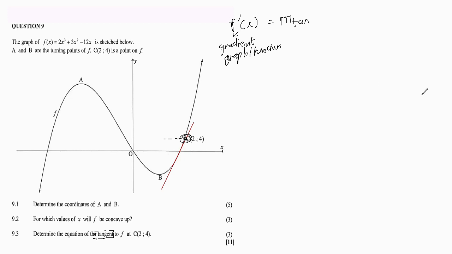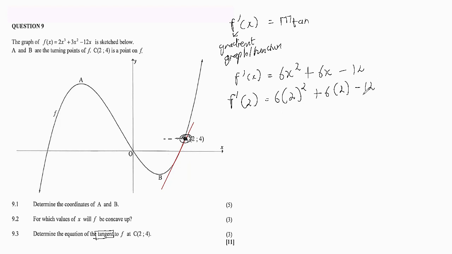So noting that, we already have the gradient function, or the gradient equation, which was 6x squared plus 6x minus 12. Now, in order to find the gradient of the tangent, let's first calculate the gradient of f prime x at that point, at 2, at the point of contact. So we're going to say f prime when x is equal to 2. So this is 6, and where there's x, I'm substituting 2.